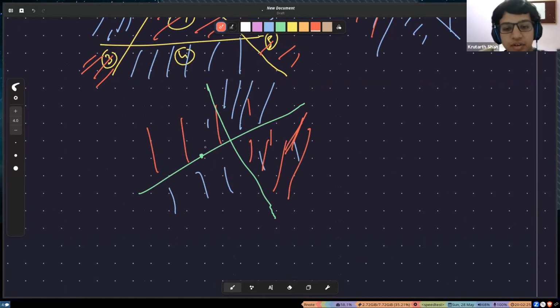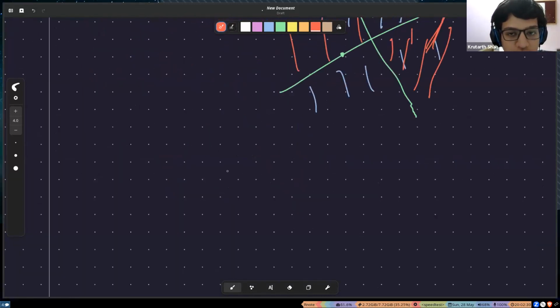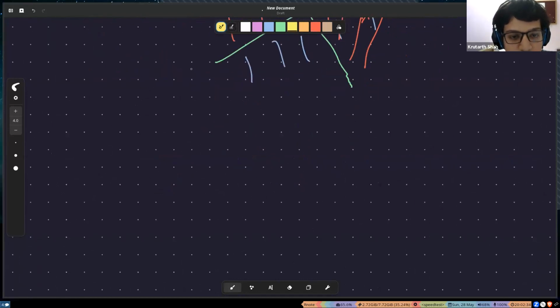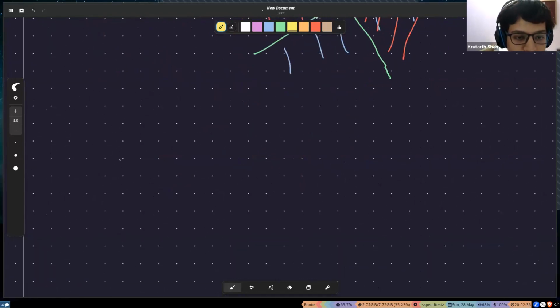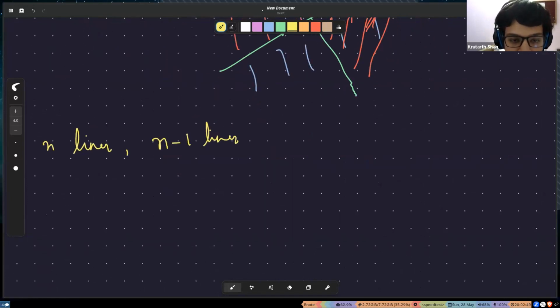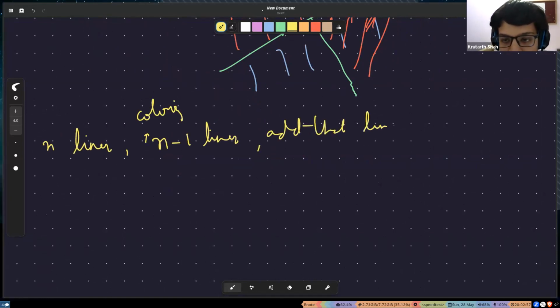Except when you're writing it as a proof, you'll want to go in the backwards direction. So if you're using induction, you want to show that you take n lines initially, and you take the answer for the n minus 1 lines, the coloring rather, and then add that line, where adding that line involves flipping on one side.